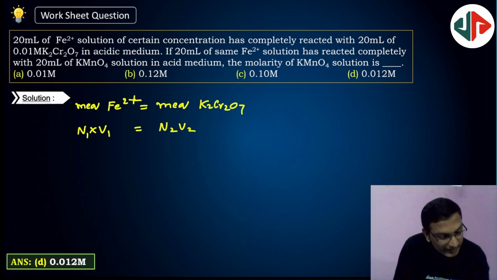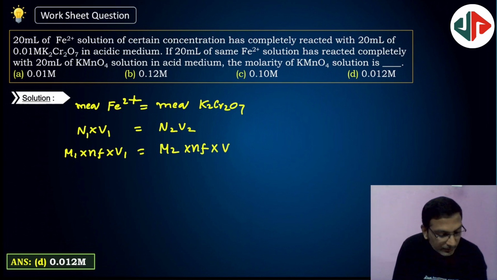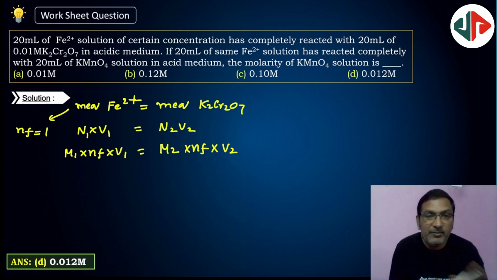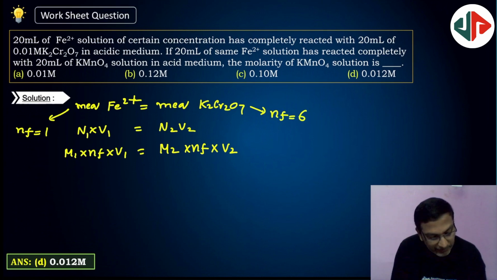Here molarity is given, so molarity into N factor into V1, and also molarity into N factor into V2. For Fe2+ the N factor will be 1, because Fe2+ changes to Fe3+. For potassium dichromate, the N factor is always 6, because in acidic medium it changes to Cr3+.